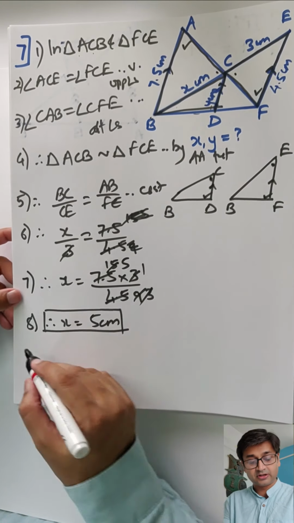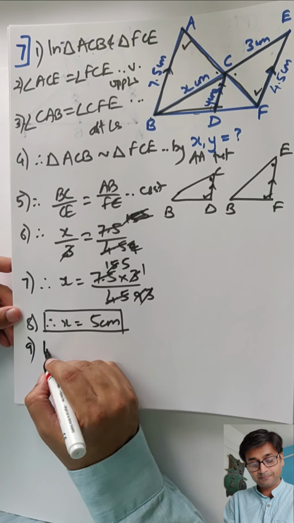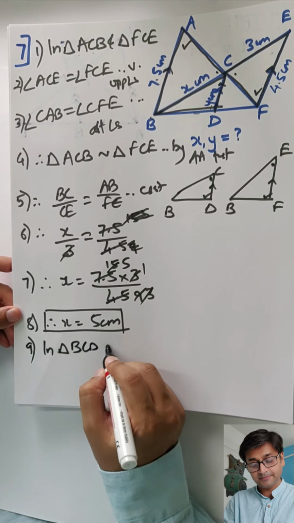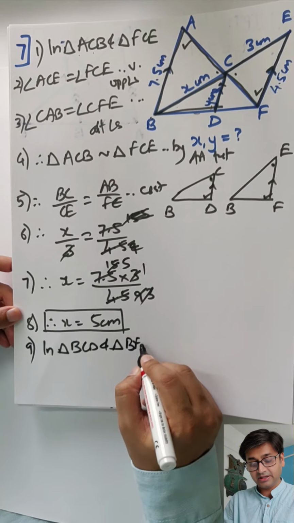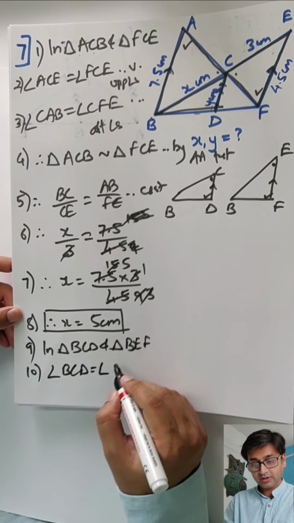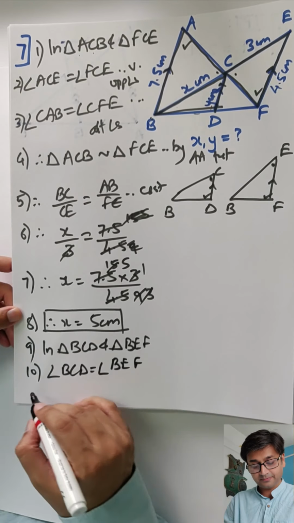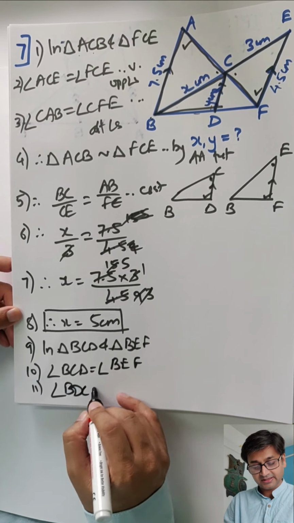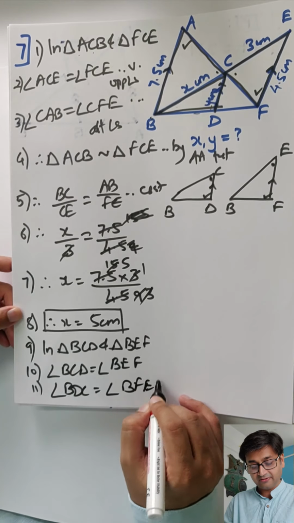So same 7 steps possibly again. So come on, let's begin. In triangle BCD and triangle BEF, angle BCD equals angle BEF, angle BDC equals angle BFE.